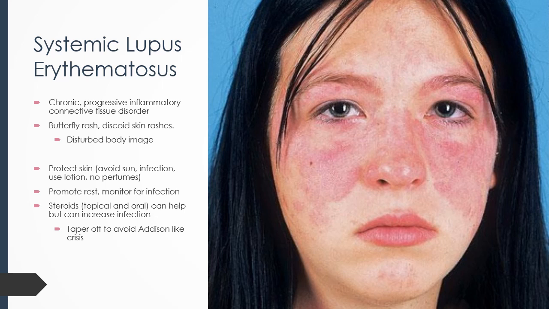Promote rest and monitor for infection are two of our big things with patients during a flare-up. And then again, steroids could be topical or they could be oral. It's important to taper off any oral steroids that you've been taking for more than 10 days or so to avoid an Addison-like crisis.